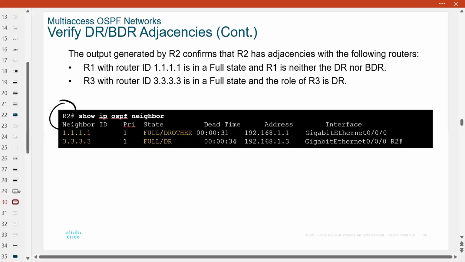Right, ARA2, we have address 111, that's our neighbor. 111 is a full DR other, because 111 is a DR other. 333 is a full DR. Why? Because 33 is our designated router. These are the states that we have from the show IP OSPF neighbor. Basically, that is what it's saying.